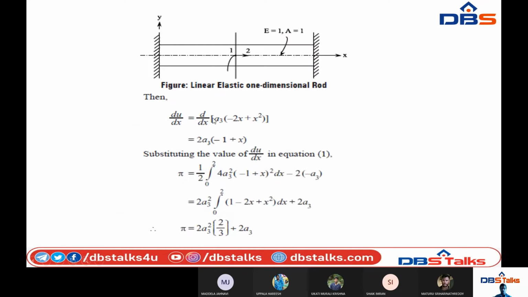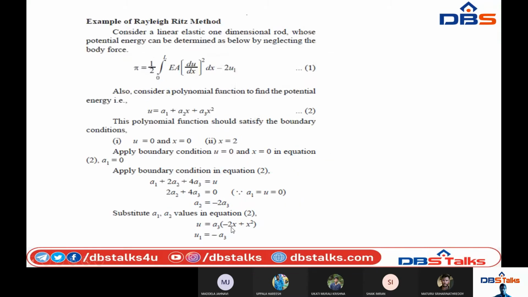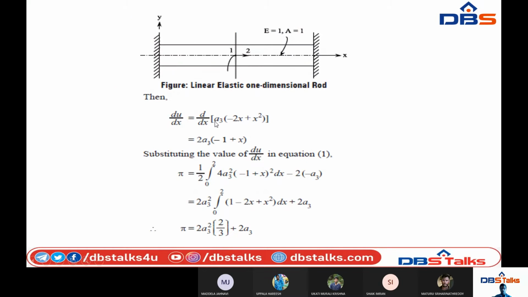I'm substituting a3 times minus 2x plus x square in place of u, and finding d by dx.